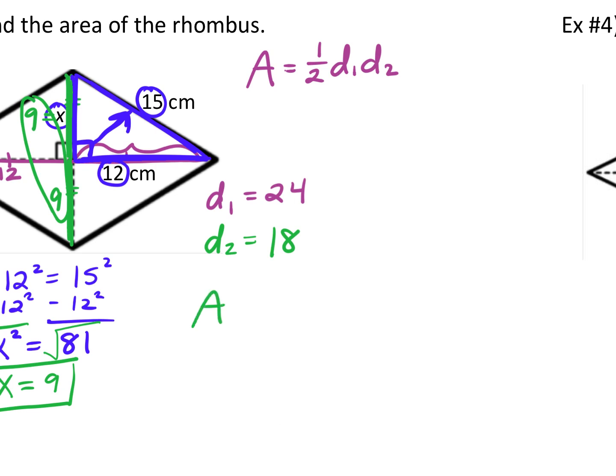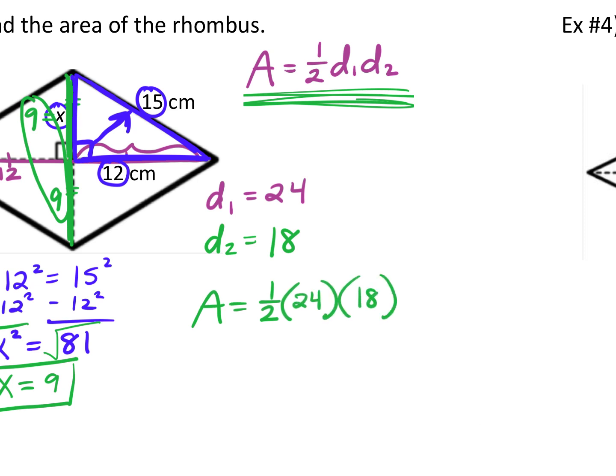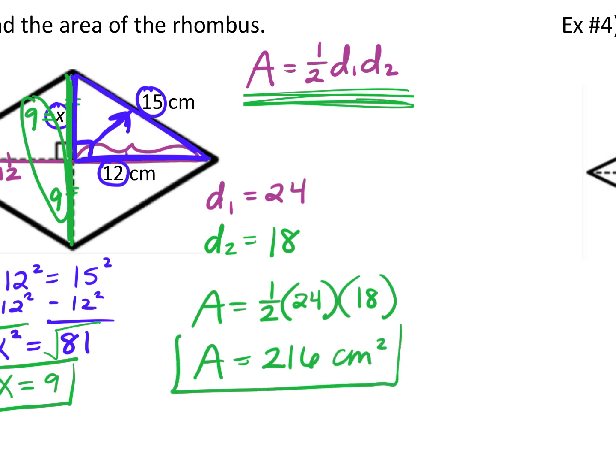The area of this rhombus is 1/2 times diagonal 1, which is 24, times diagonal 2, which is 18. So plug that in. 1/2 times 24 times 18, and you should get 216, and then it's an area, so square centimeters.